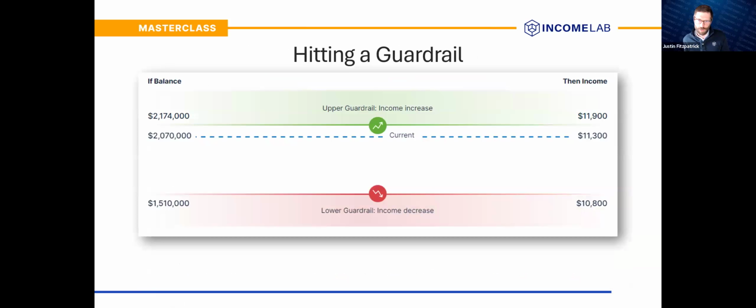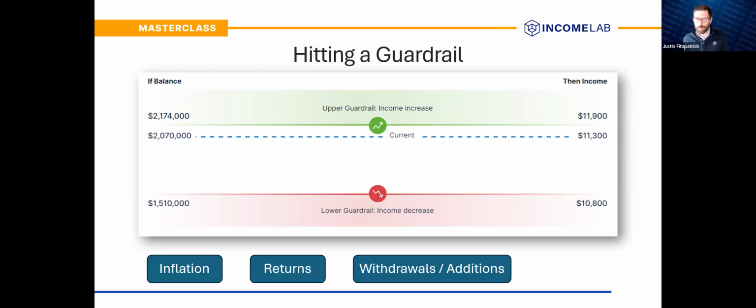And then hitting a guardrail. This is where people really wonder, okay, yeah, great, but what causes you to hit a guardrail? Inflation being higher or lower than expected, returns being higher or lower than expected, withdrawals or additions to the account being higher or lower than expected, and just time passing, right? So think about it this way. These folks are spending $11,300.